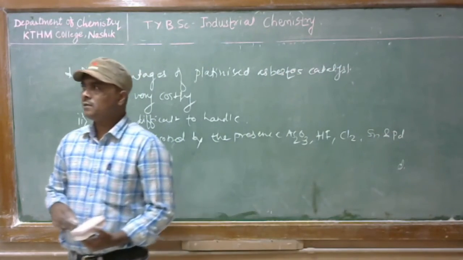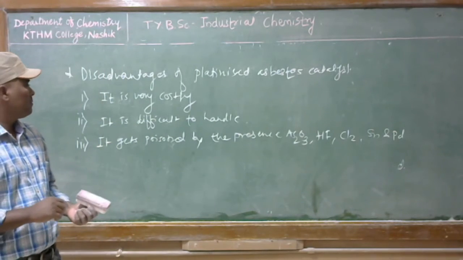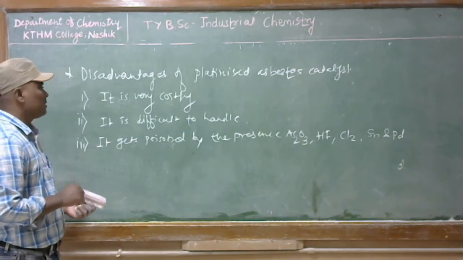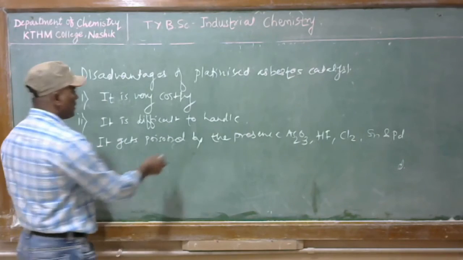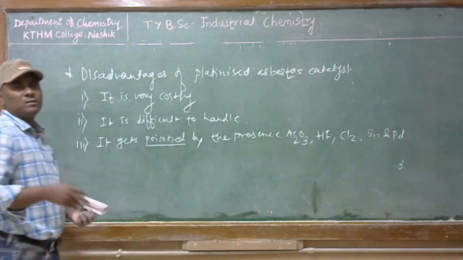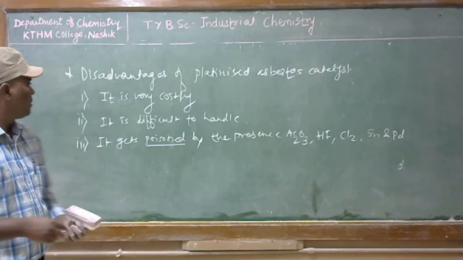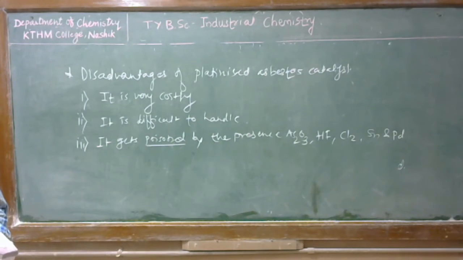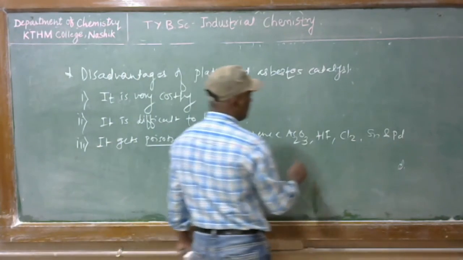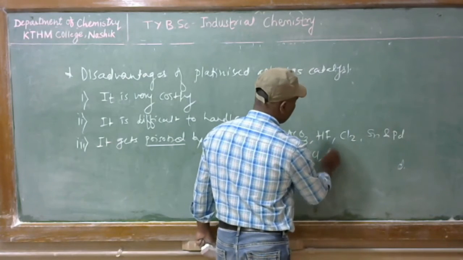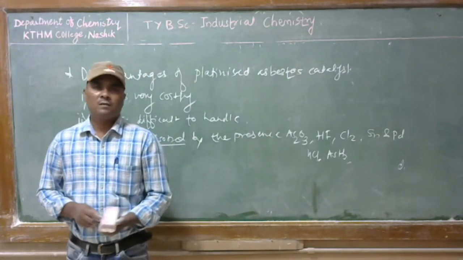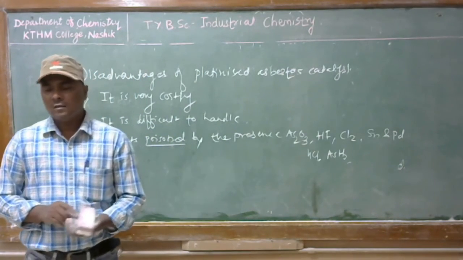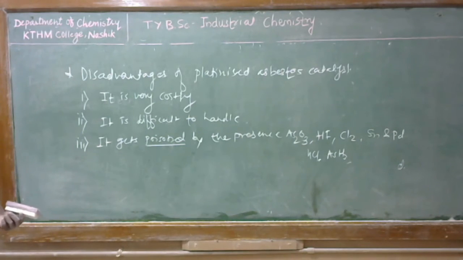So this platinized asbestos gets poisoned by the process. Poison means the catalyst gets damaged or it's not working properly. So by the presence of arsenic oxide, Cl2, tin, lead, even HCl, or by the presence of arsenic hydride, this metal catalyst gets decomposed or poisoned.